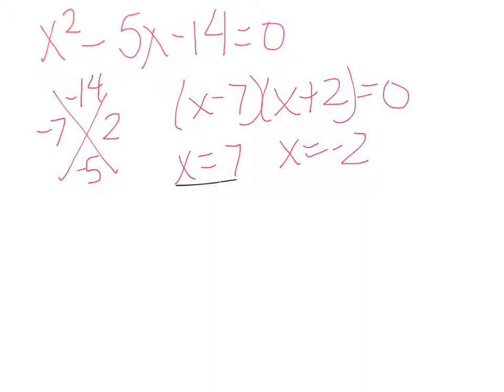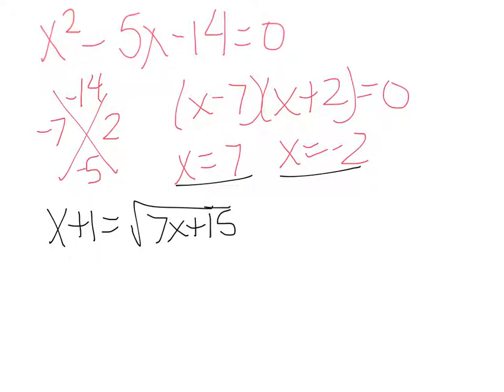We are going to check to make sure that both of these work, and we're going to plug them back into the original equation, which is x plus 1 equals the square root of 7x plus 15. If we start with the 7, we plug 7 in, so we have 7 plus 1 is equal to the square root of 7 times 7, which is 49, plus 15.